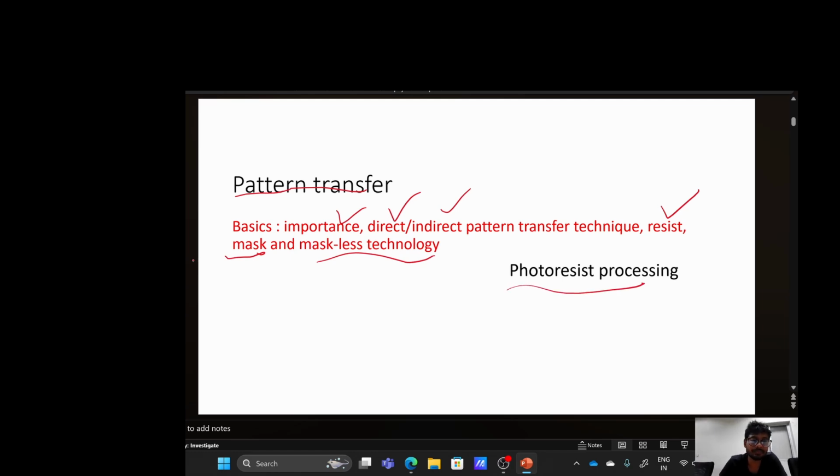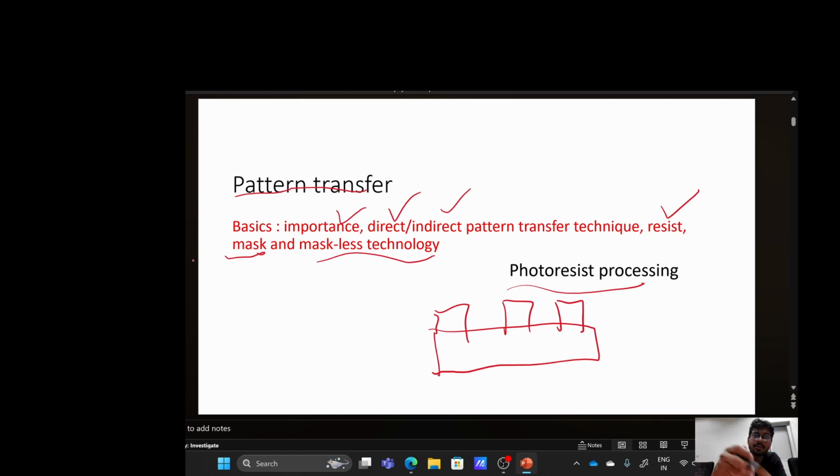The very important fact of why we need lithography is, if you have a wafer, whatever chips you have, there are so many devices in that, and to make the devices, you need to create some pattern over the substrate, and you need to make the current flow through that certain pattern.